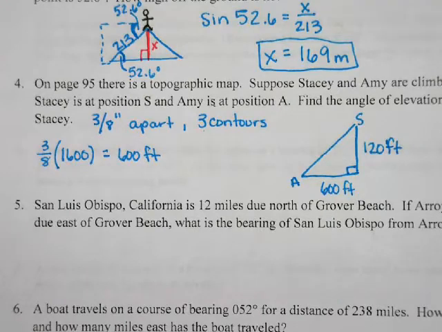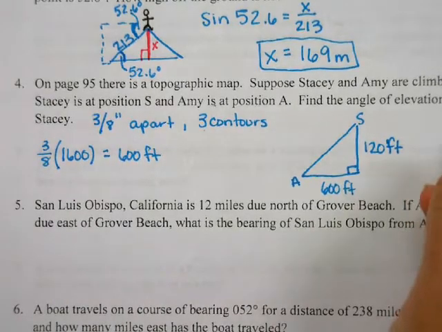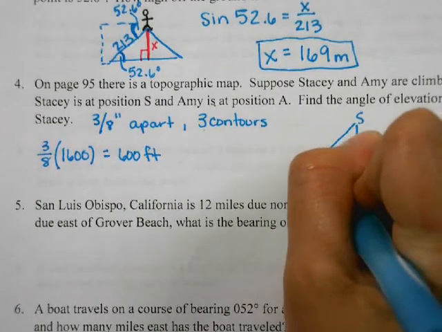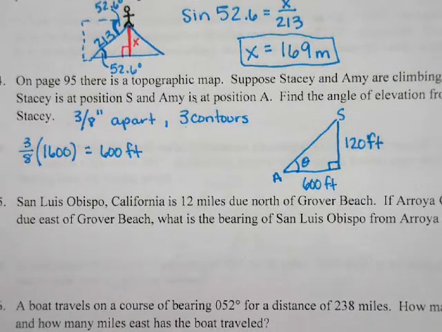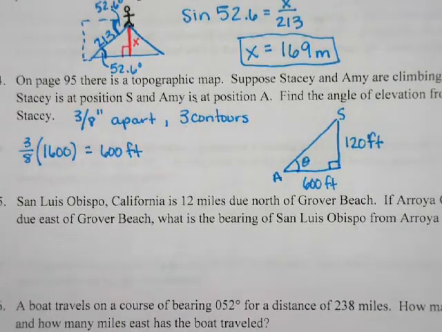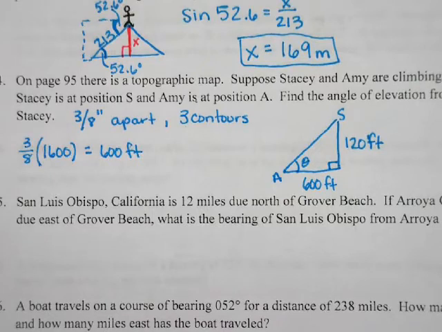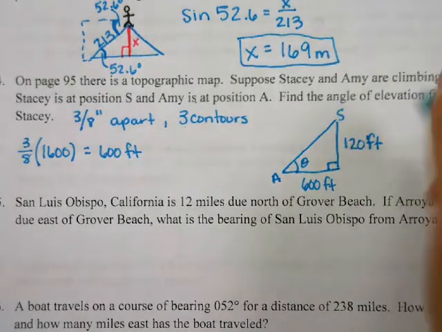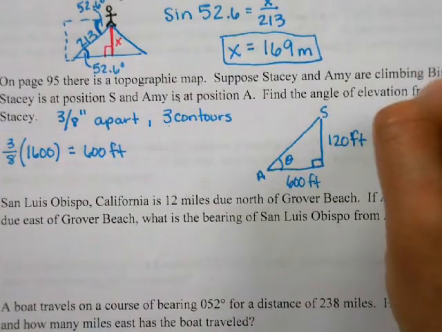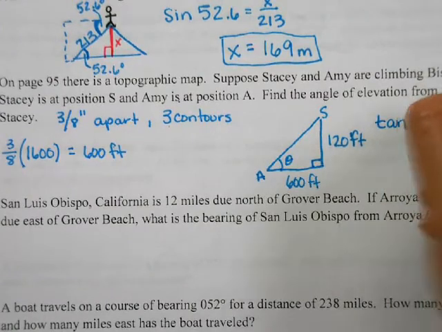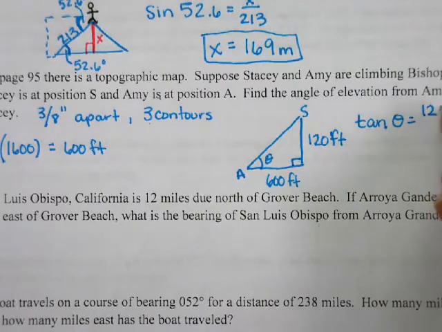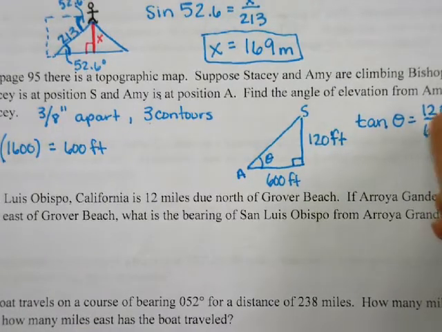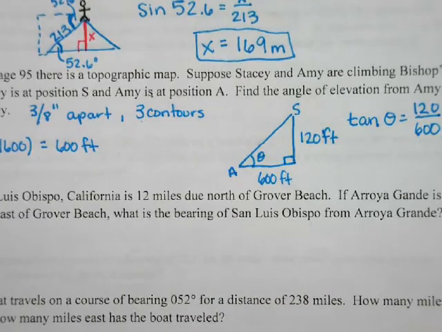So then it says, find the angle of elevation from Amy to Stacy. Which trig function do I want to use? Tangent. So the tangent of theta is equal to opposite 120 over adjacent, which is 600.